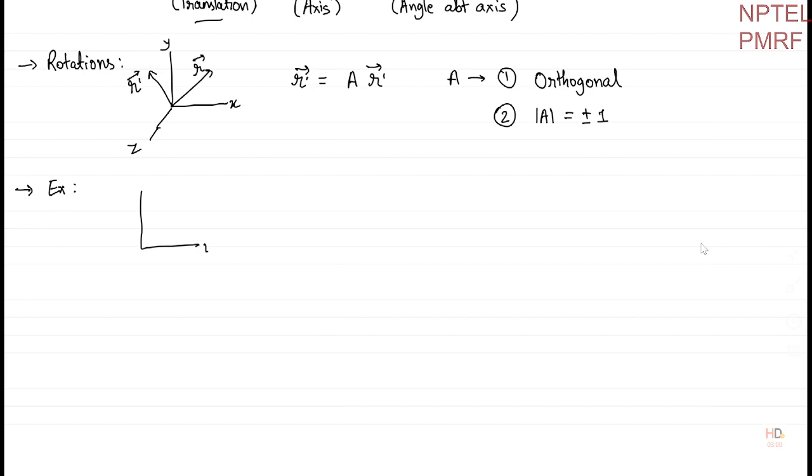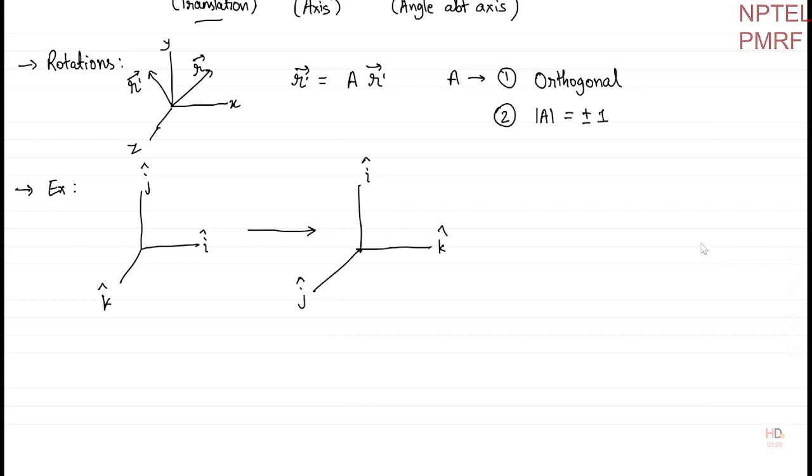So we have i, j, and k, right? These are our unit vectors. Suppose I want to go from this to this. This is k, this is i, and this is j. Can I do it continuously or not?